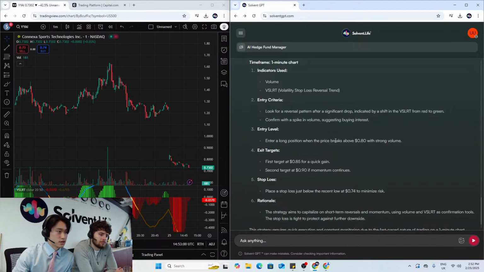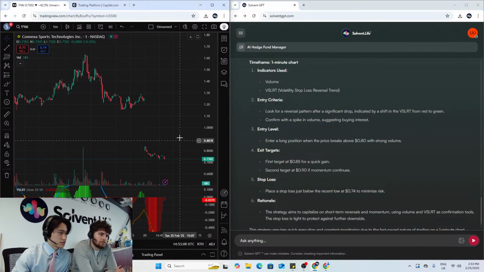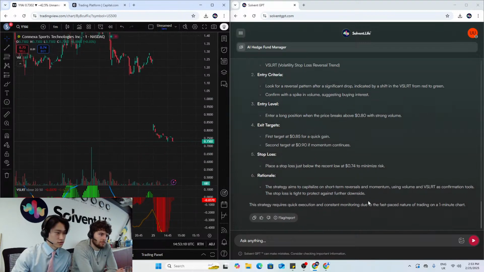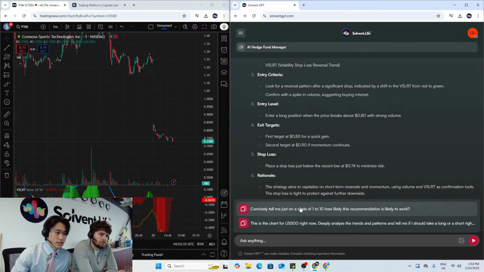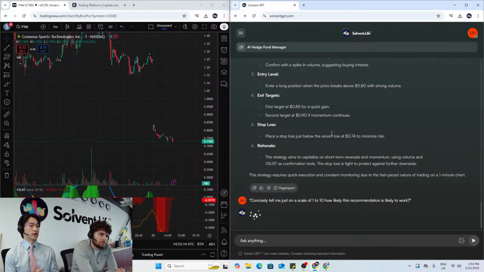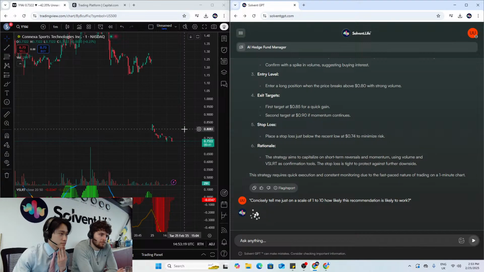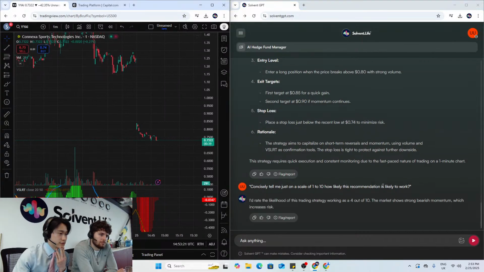But it says here to enter a long at around 80 cents and then 85 cents for a quick gain. But once again, let's ask for the likelihood of this happening. Four out of 10.